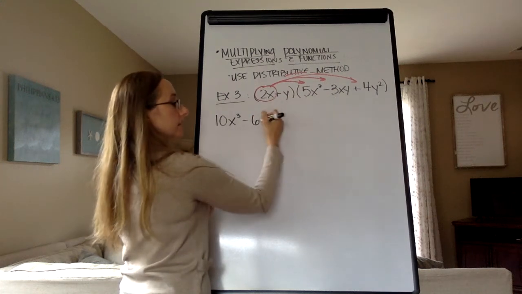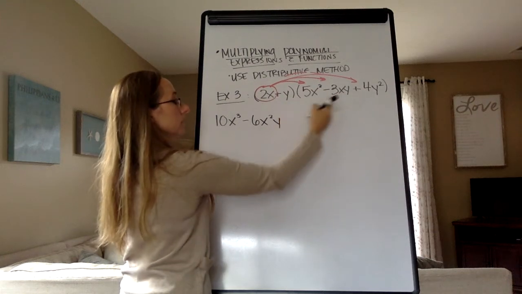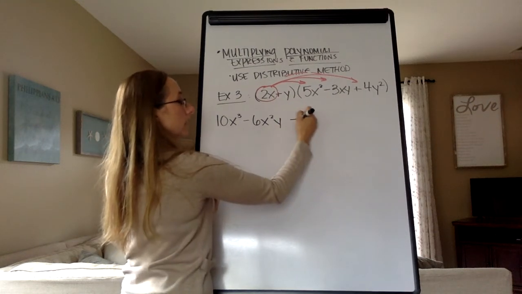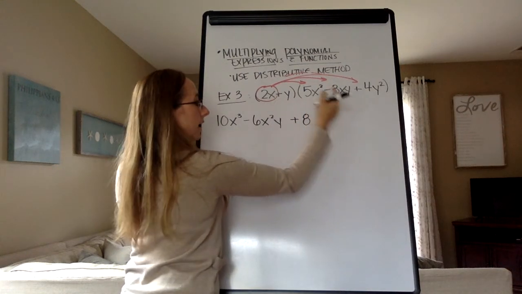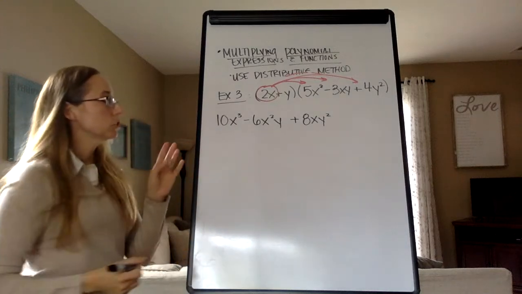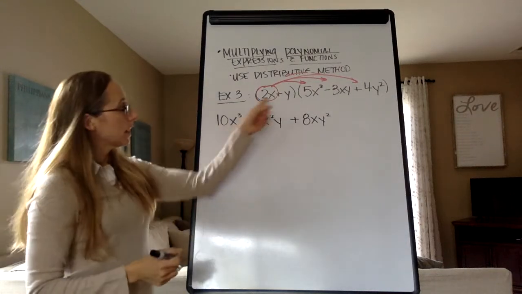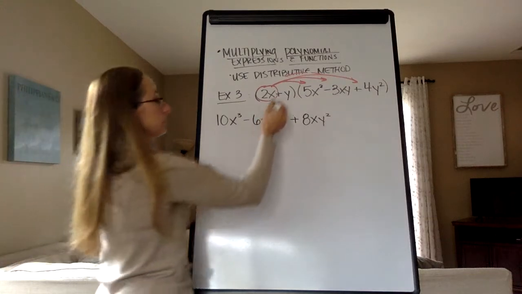X times x is x squared, because 1 plus 1 is 2, and then y. Plus 2 times 4 is 8, and then x, y squared. So that's from distributing our 2x. Now we're going to take our y and distribute that to every term in our second polynomial.